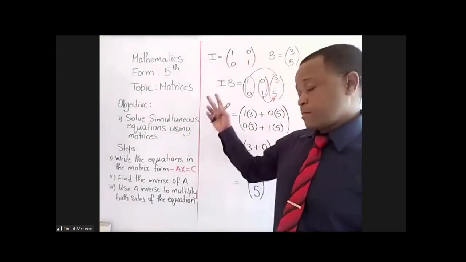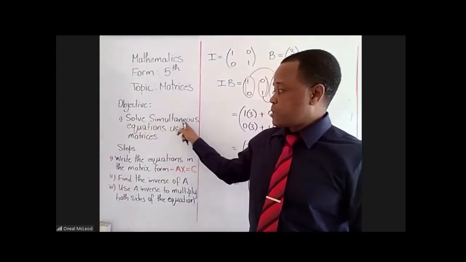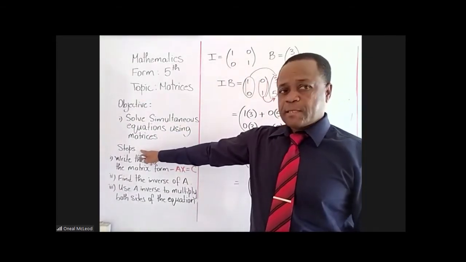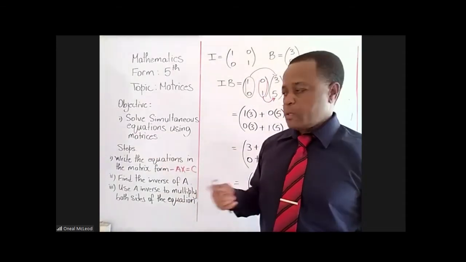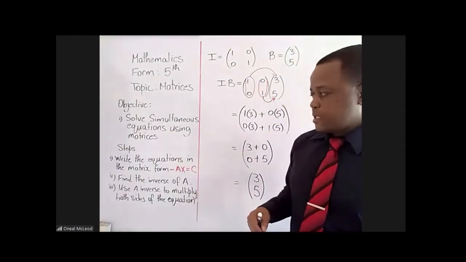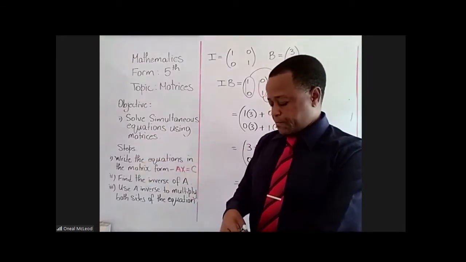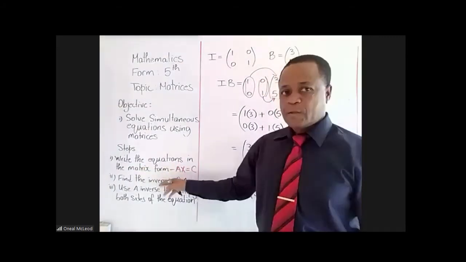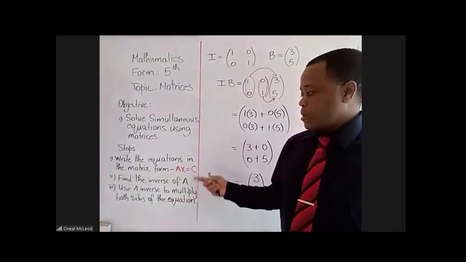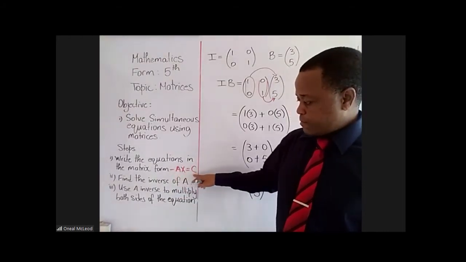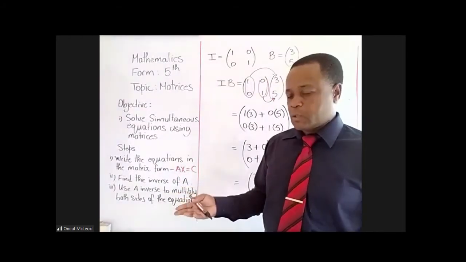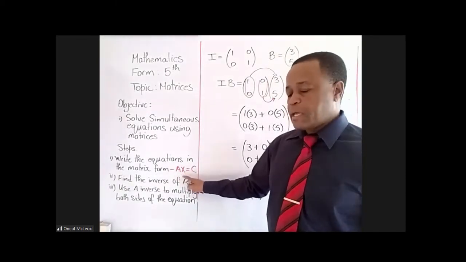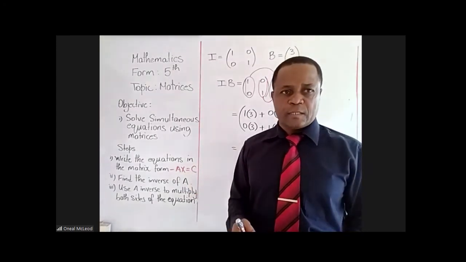So our objective for today, for my fifth formers, is to solve simultaneous equations using matrices. Now, there are some steps that we need to remember when you are about to solve these equations. Step 1 says, write the equations in matrix form. Now, how do we do that? Here is a general idea of how you would set it up. It's going to be AX equal to C, where A, X and C are all matrices.